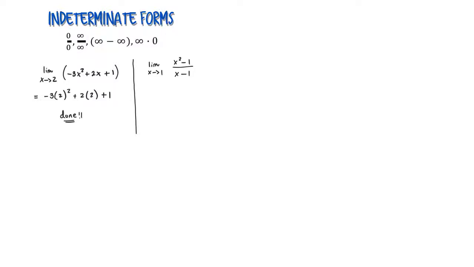In this particular case, if I don't check for continuity at 1, if I just blindly go into substitution, I get 1 minus 1 over 1 minus 1, which is equal to 0 over 0.